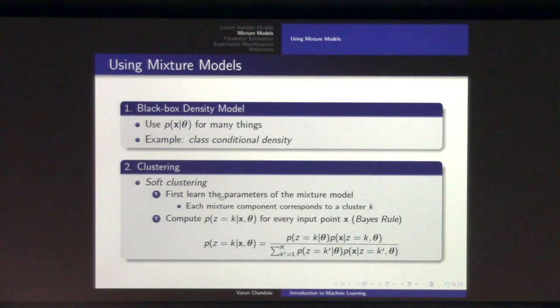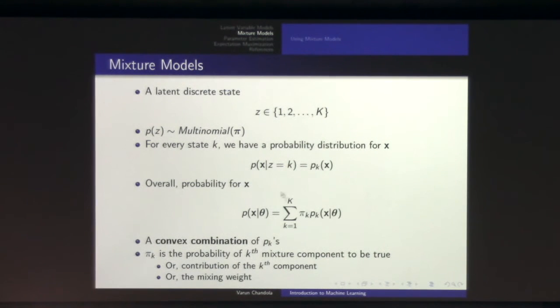So now how do you use it? Of course, if I knew these thetas, this becomes very useful because now I can use this to understand the distribution of x, right? So that is useful. You can also use it for clustering, right? So for example, remember here, if I knew all these thetas, I can compute this value, right?